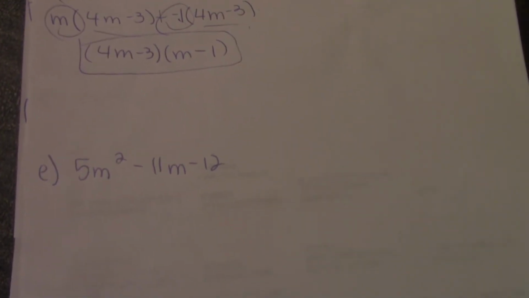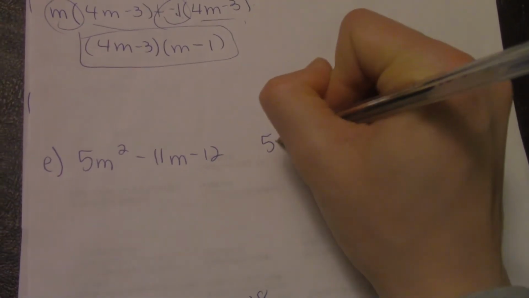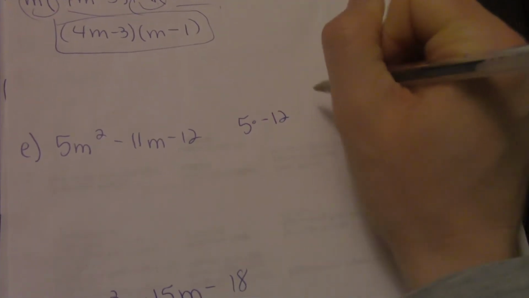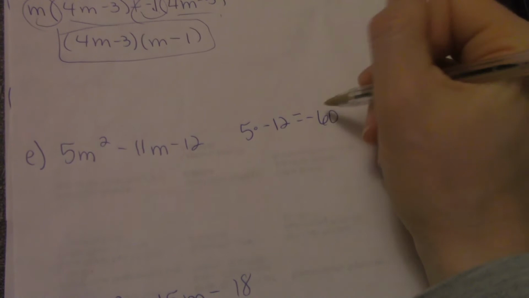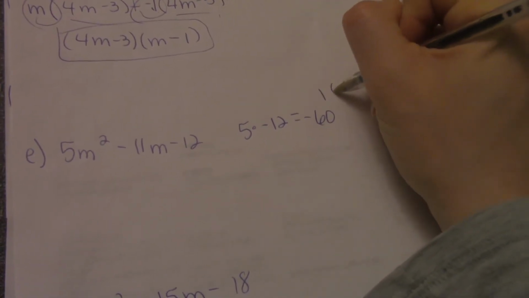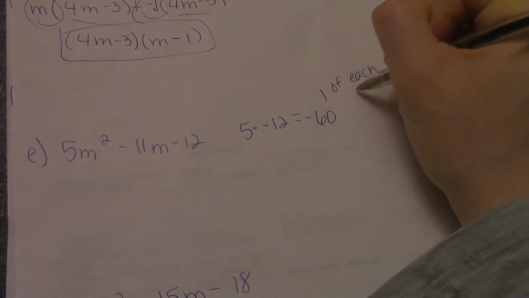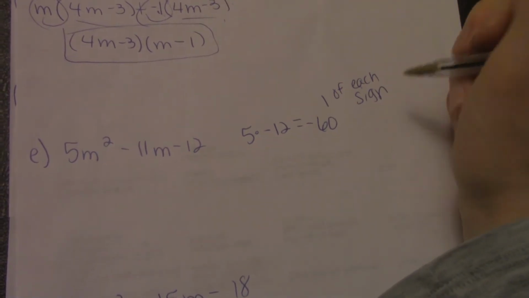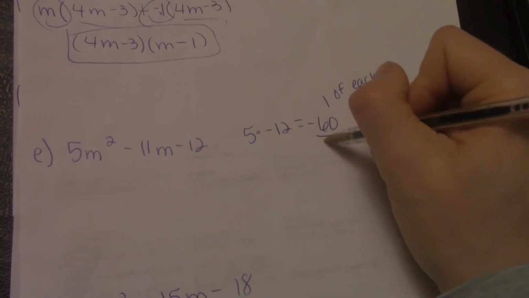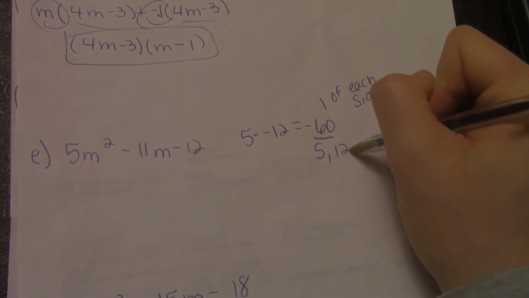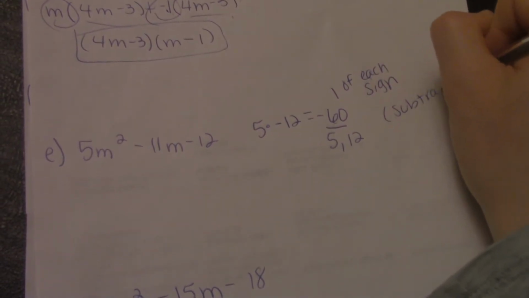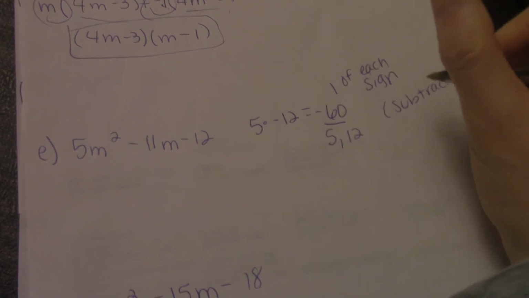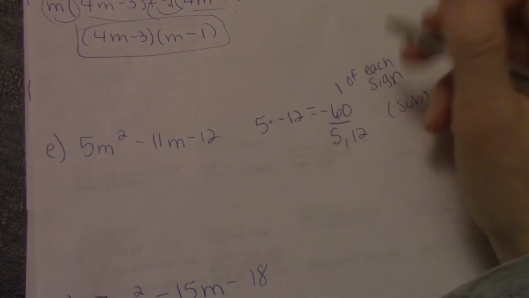Okay, E. 5 times negative 12. So there's now a negative in the back, which makes negative 60. Okay? Since this is negative, that means one of each sign. Okay? So I've got 5 and 12. So these are, I'm actually subtracting these, basically. That's not going to give us 11.